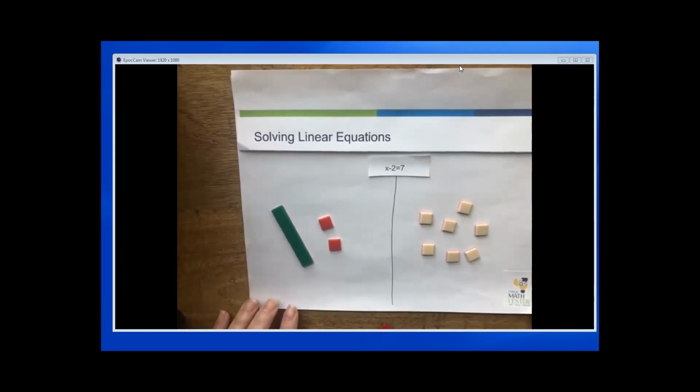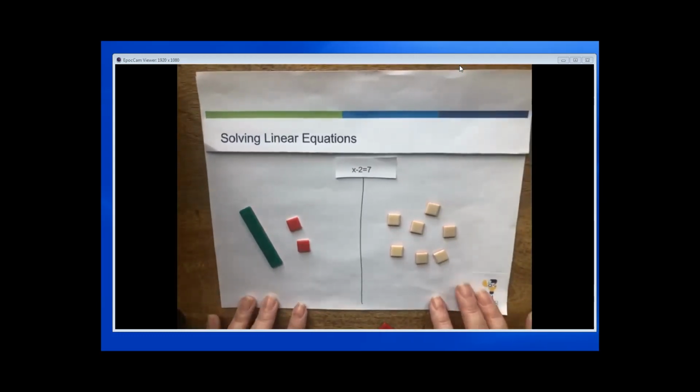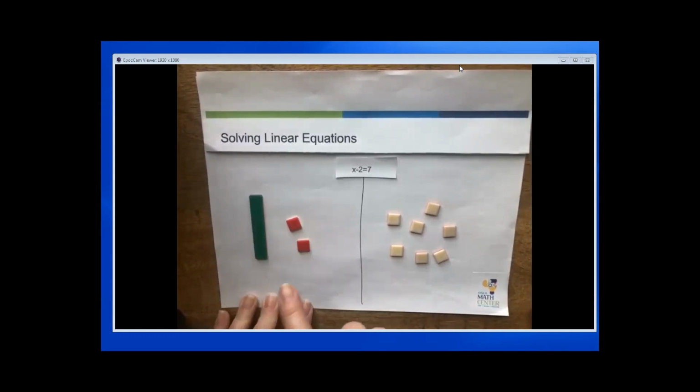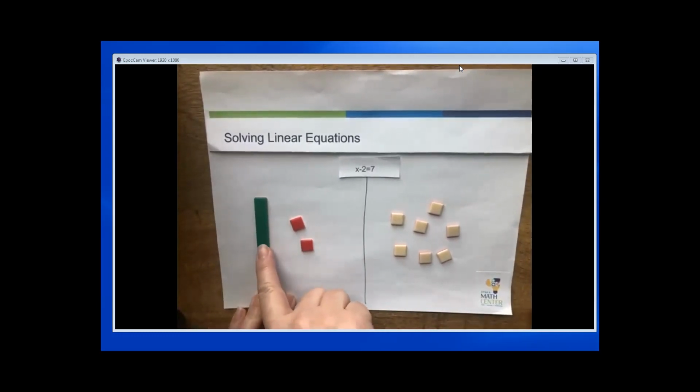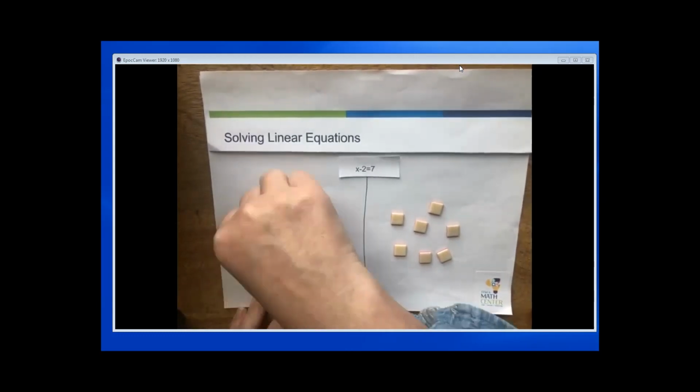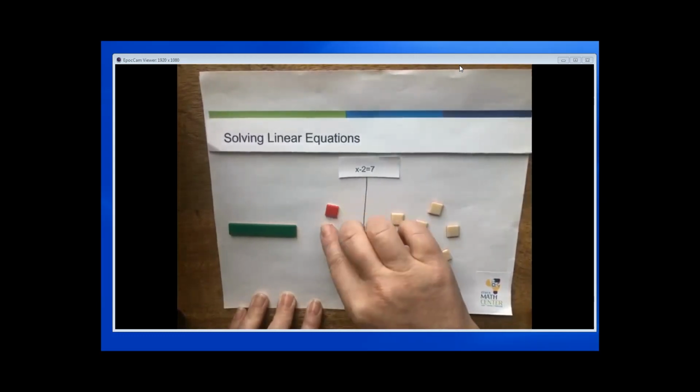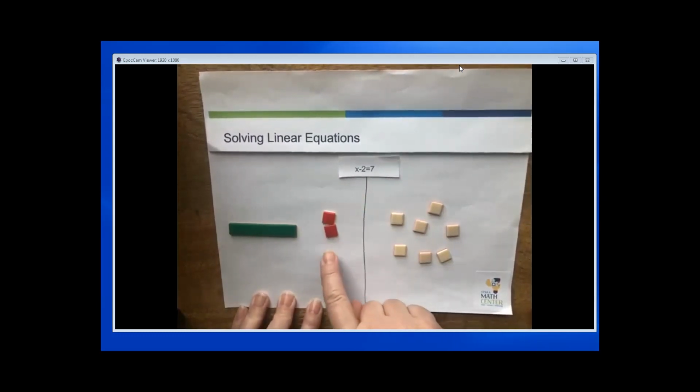Okay, we need to remember a couple things about solving equations, and that is one, we need to keep it balanced on each side of the equal sign. So whatever we do to one side, we have to do to the other side. And we're trying to isolate that variable. We're trying to get the variable by itself so we can identify what the value of that variable is. So how would I get these off of this side?